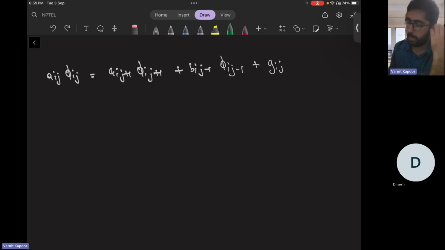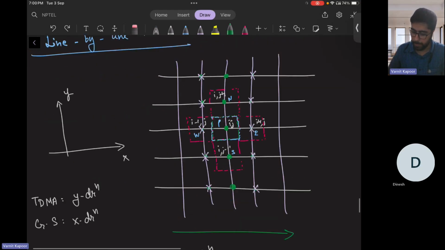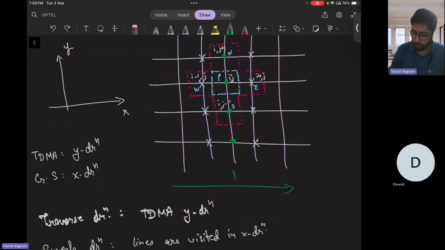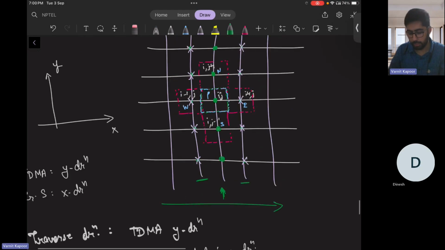So what we can say is that the line by line method is pretty fast, because in one go it completely solves the complete column. Then you update the values and get the updated values. Suppose you assume these values here, you solve this column completely.